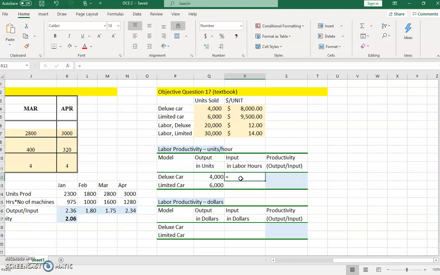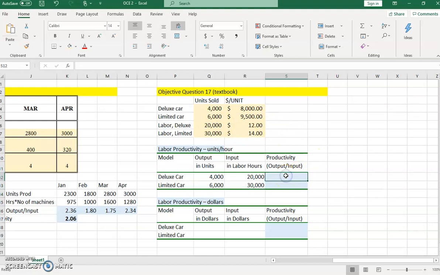The input in labor hours is going to be equal to 20,000, which is Q6, and the input in labor hours for the limited car is going to be equal to Q7.